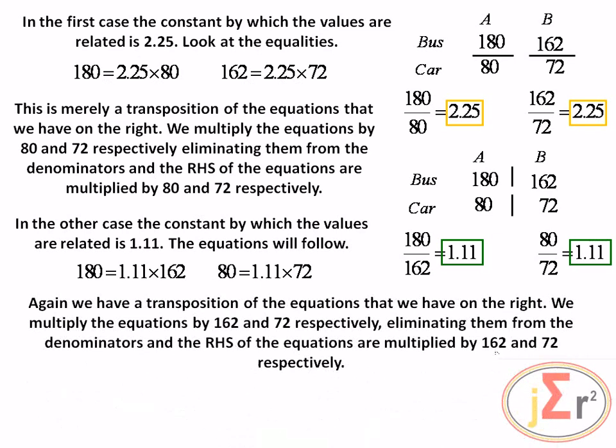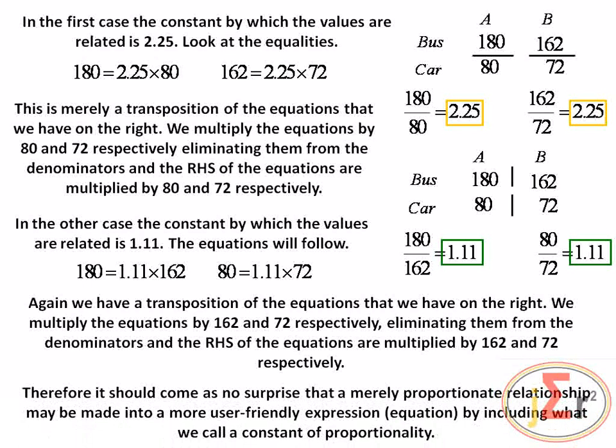Again, we have a transposition of the equations that we have on the right. We multiply the equation by 162 and 72 respectively, eliminating them from the denominators, and the right hand side of the equations are multiplied by 162 and 72 respectively.